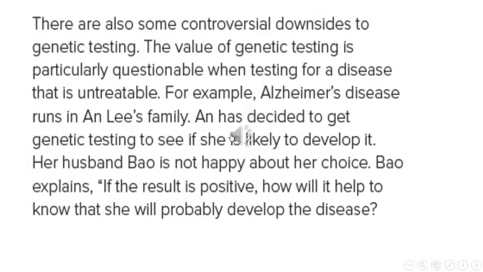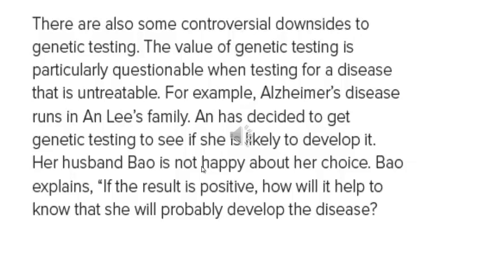Now let's carry on with this paragraph and carefully follow in the books. There are also some controversial downsides to genetic testing. The value of genetic testing is particularly questionable when testing for a disease that is untreatable.